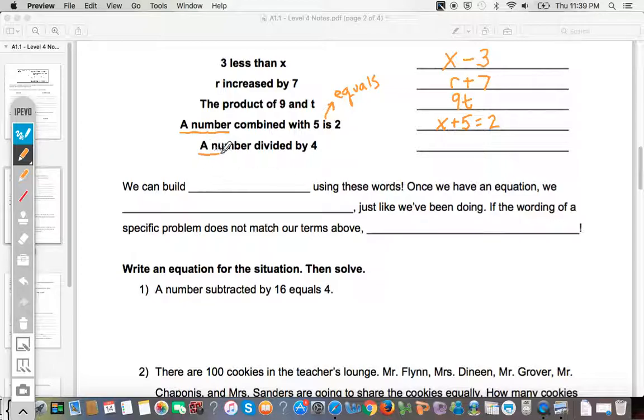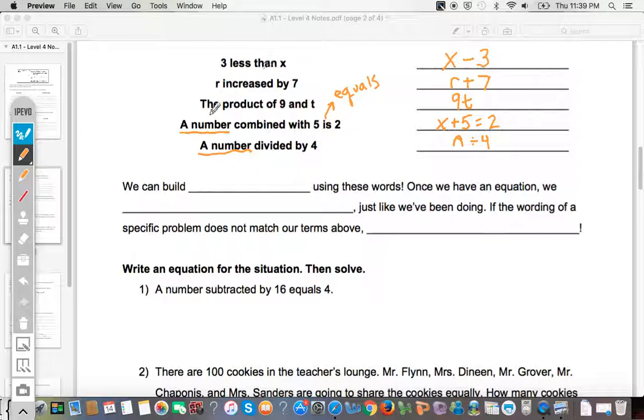Now again right here we have a number divided by 4. So I'll use n as my number, divided by 4. Okay?